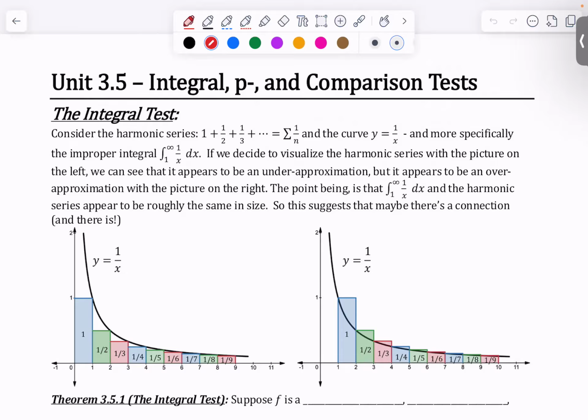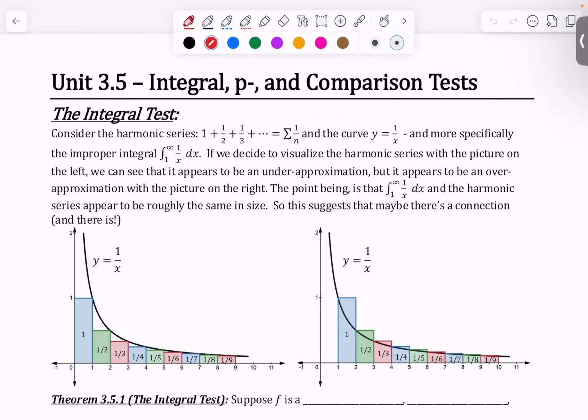If you visualize the harmonic series as this sum of these red and green blocks, you'll notice that it's really just an integration of the function over that interval. Now, I'm cheating a little bit, since this one starts from x equals 0 to infinity, but the idea is still the same.